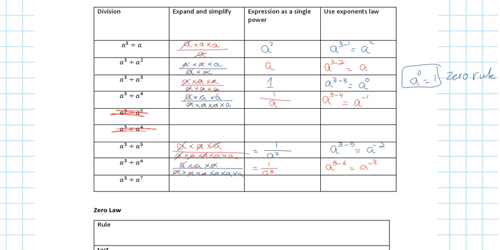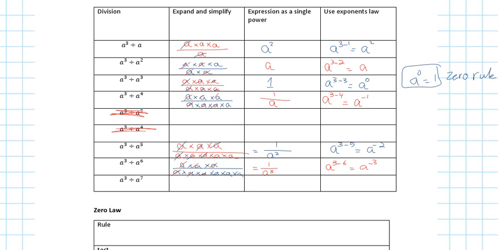Okay, so what we have here, you see that if I have a to the power of negative 2, these should be exactly the same answer, right? Because I'm following the rules. I'm not changing the rules. I'm getting 2 different answers, but these 2 answers are exactly the same value.